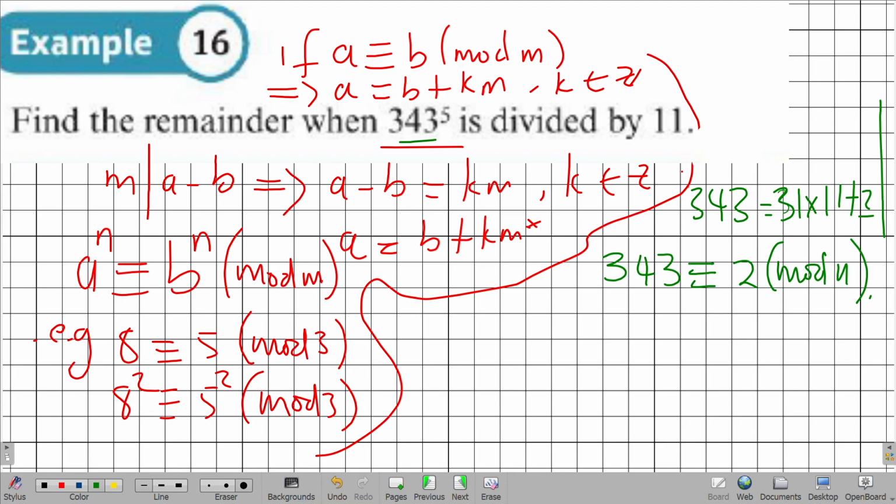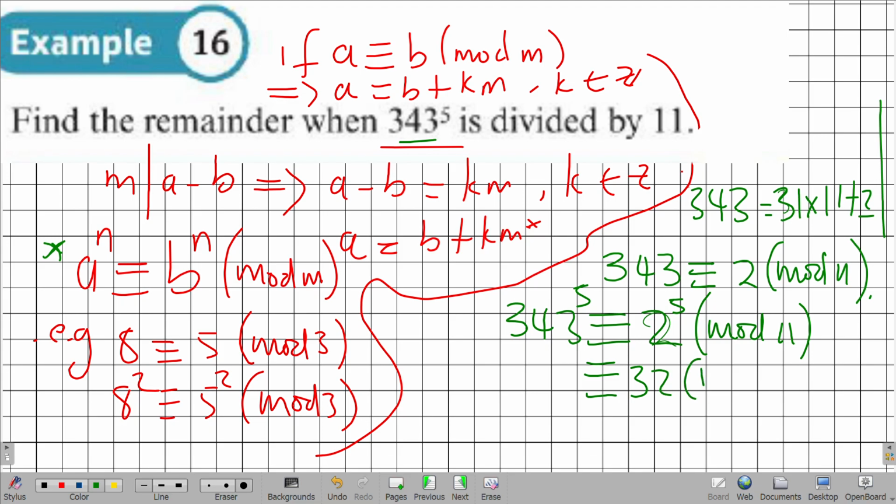Now the next step is to identify 343 to the power 5. It is going to be the same as 2 to the power 5, because we know 2 to the power 5 is easy to find rather than finding 343 to the power 5.